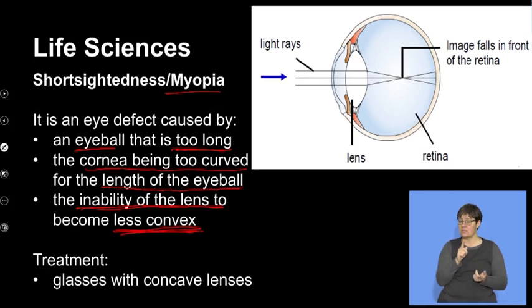So what would be the treatment for short-sightedness? It will be glasses with concave lenses.